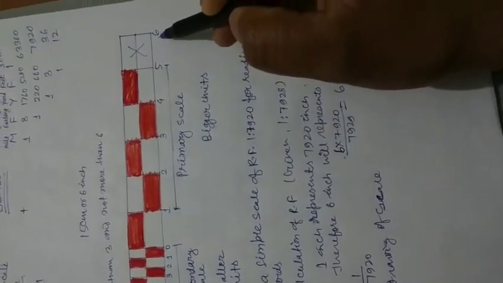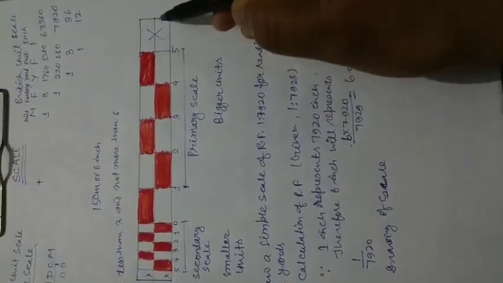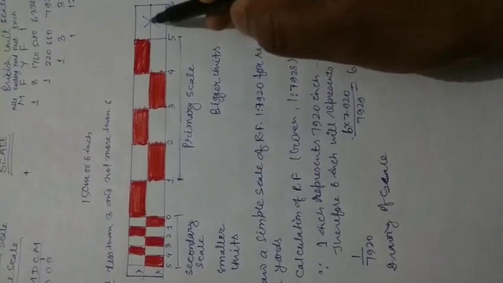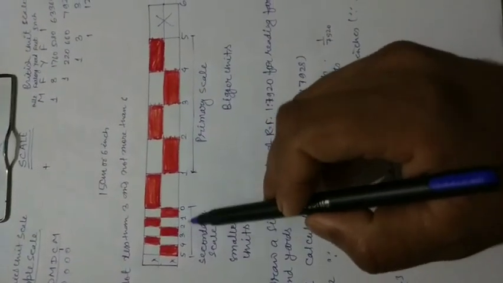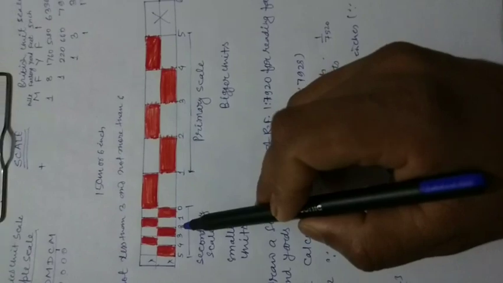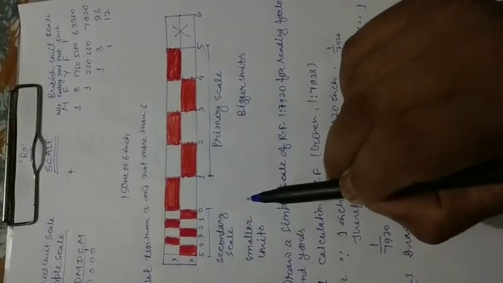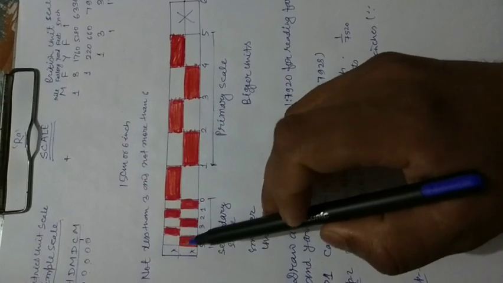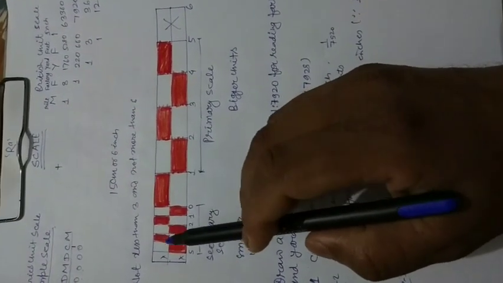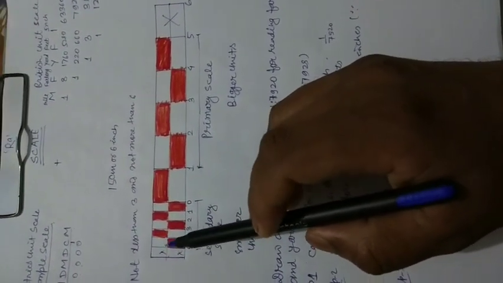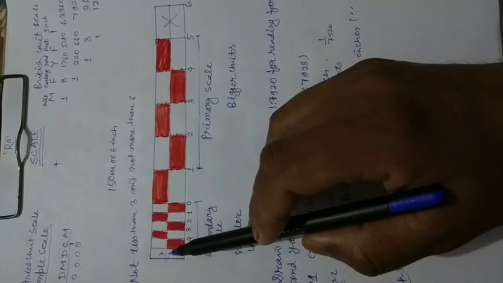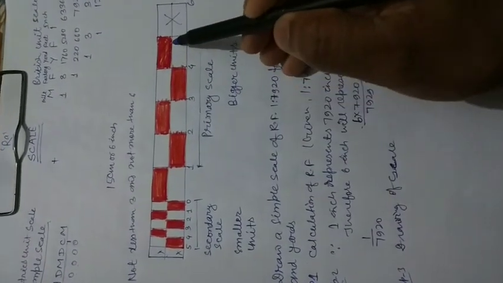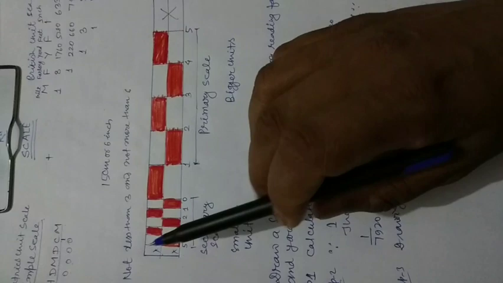Here we draw 6, which is crossed here. That means this is not in a scale. Not less than 3, that means neither 1, neither 2, and nor 7, 8, like that. It is okay? And the breadth of this scale, you can take it 1 centimeter, and half of this, that means 0.5 and 0.5.